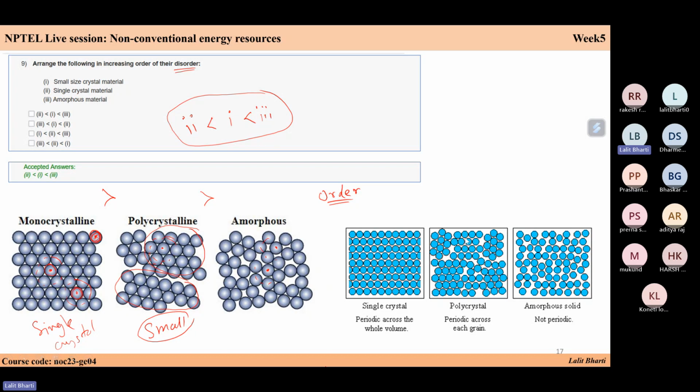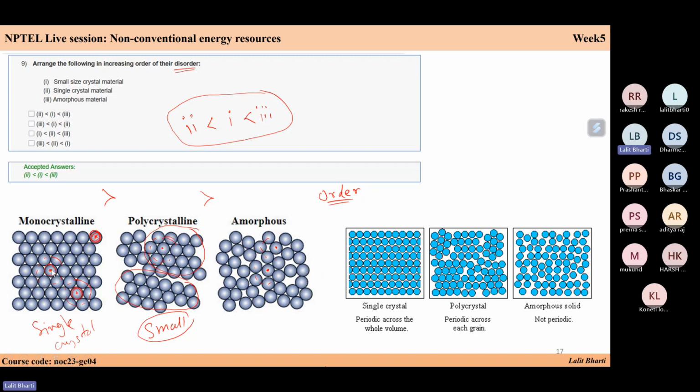Polycrystalline means you have groups of atoms, and inside one zone you see single crystalline nature, but as you go to another zone it shows localized crystalline order, and over a long range it is not single crystalline. Monocrystalline means long range ordering: as you go in any direction, your atoms look similar.